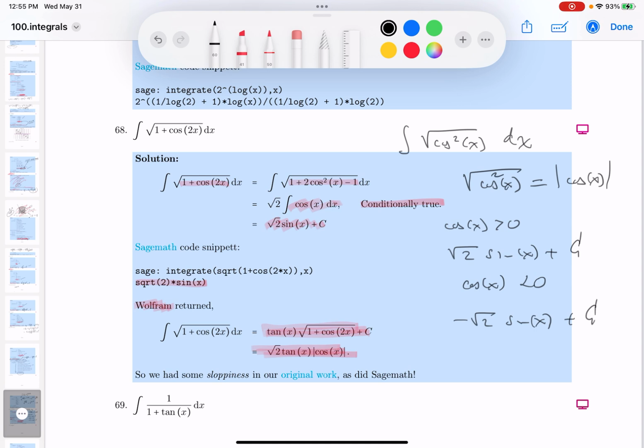Now, again, I really think it's quite slick what Sage does, and it's something that requires some thought. I have no idea what, I'm sorry, Wolfram, I should have said, I have no idea what Wolfram's doing, but Wolfram's quite snappy at its ability to see subtleties that we may not be able to see ourselves.